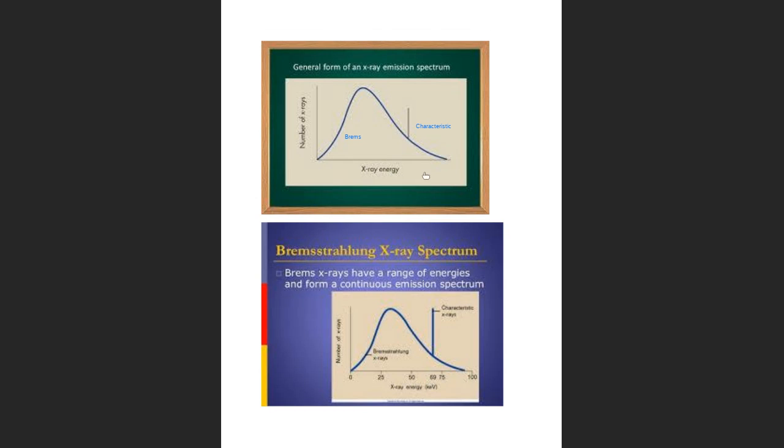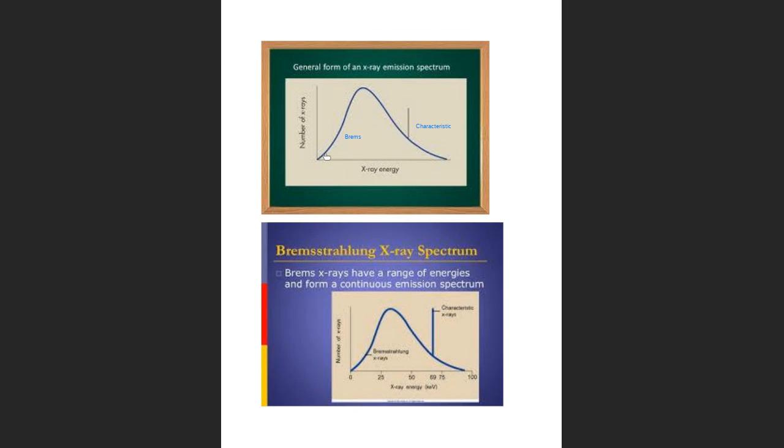The x-axis here is the energy. It's energy dependent, and that's why you have the discrete portion, this characteristic line, along the x-axis, because characteristic is energy dependent.